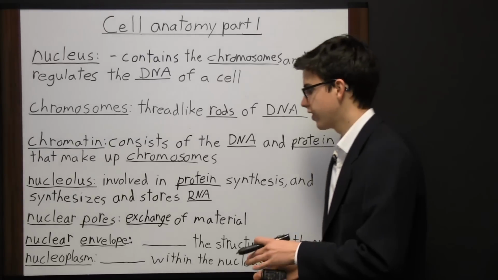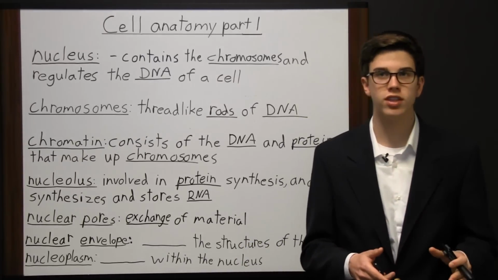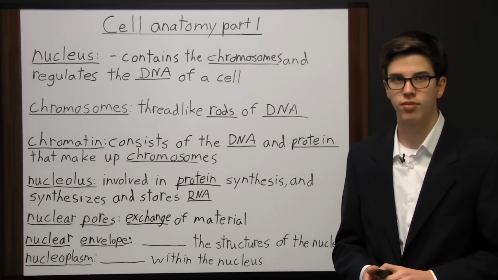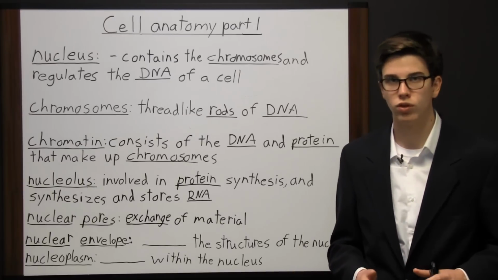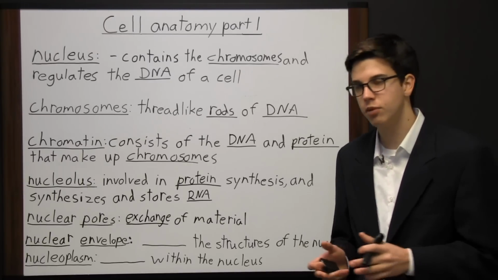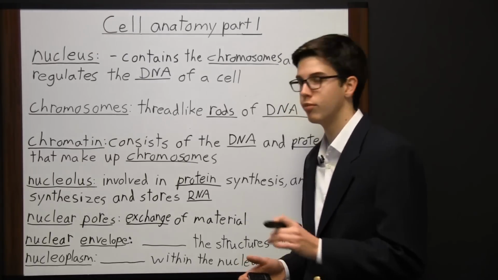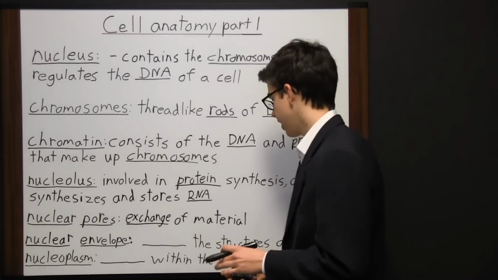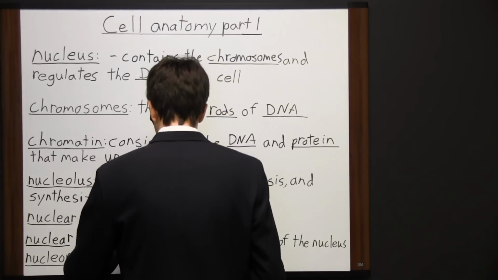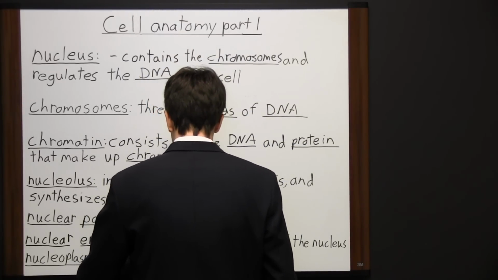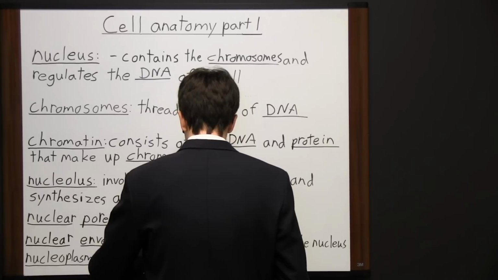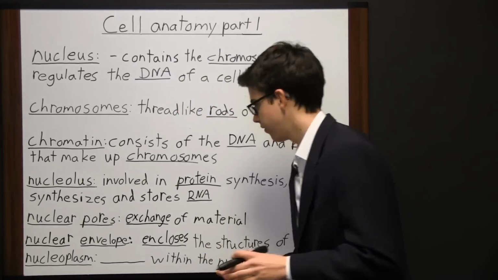It regulates the exchange going on between the nucleus and the cytoplasm. Then we have the nuclear envelope, which consists of inner and outer membranes made of lipids, and it is basically a structure that encloses the structures of the nucleus.